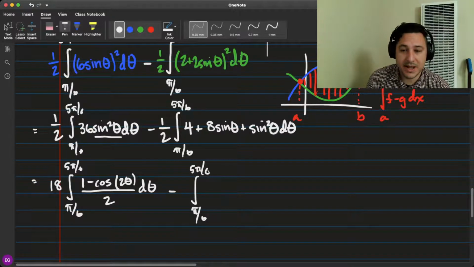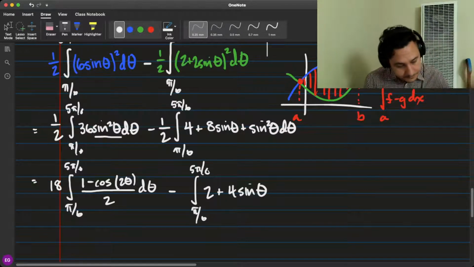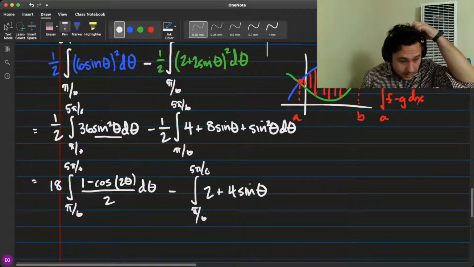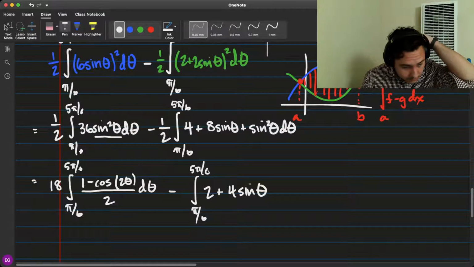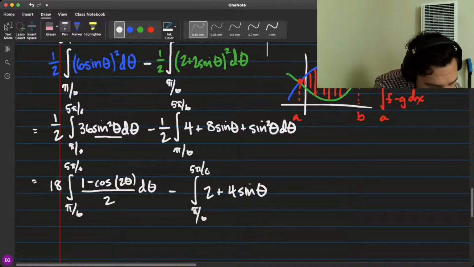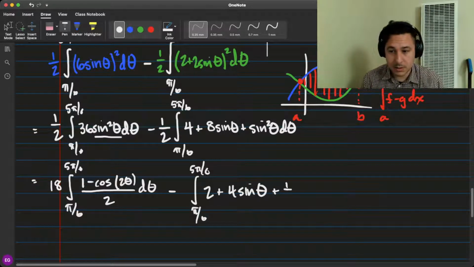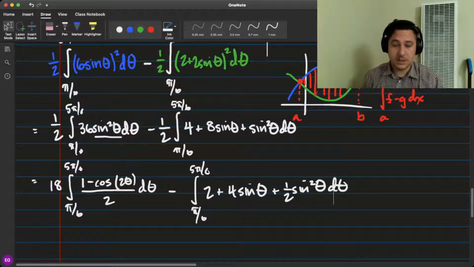So when you distribute in the half, you get 2 plus 4 sine theta. Okay. Wait, did I distribute the half in right? One second. Yes, okay, so plus half sine squared theta d theta.